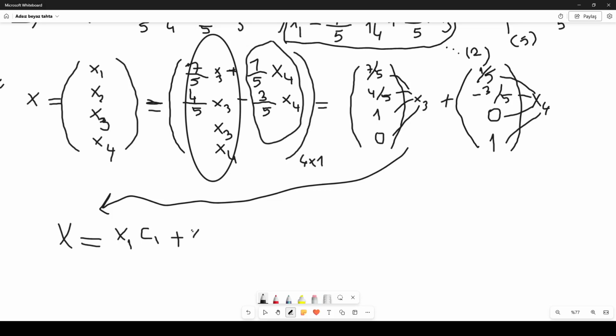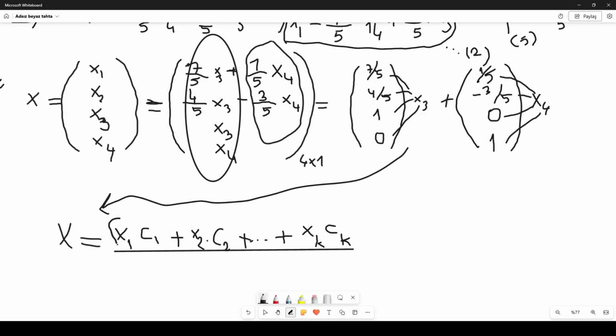And x2 times c2, and so on. Say if we have k free variables, then we have a k-th term in this algebraic sum, in this combination of these free variables. So we have ck. Our general solution is nothing but an algebraic sum that has this form.